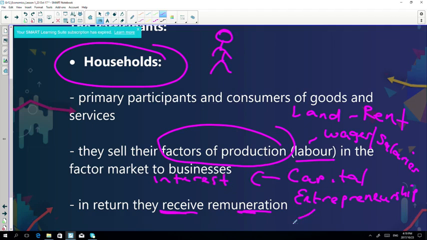And then from entrepreneurship, you earn profit. Okay, so when we talk about the return or the remuneration, we're referring to what you get when you have provided the factor of production in the business or in the factor market as well.